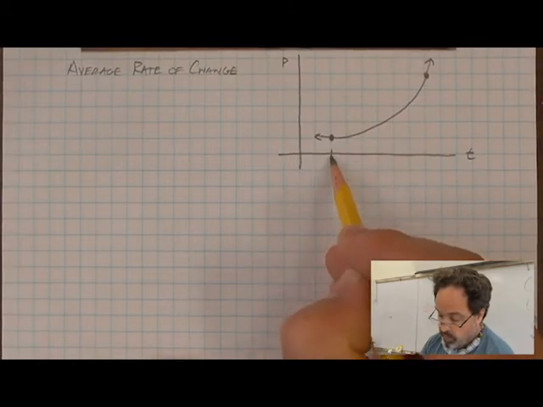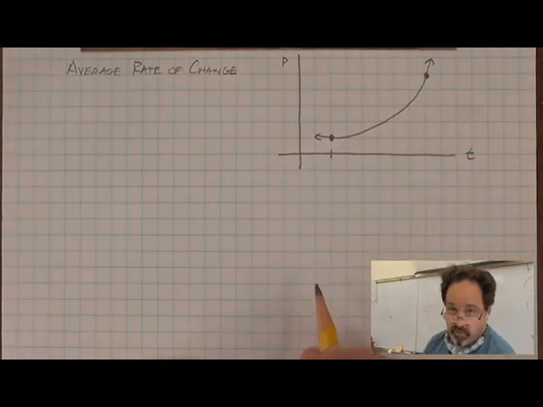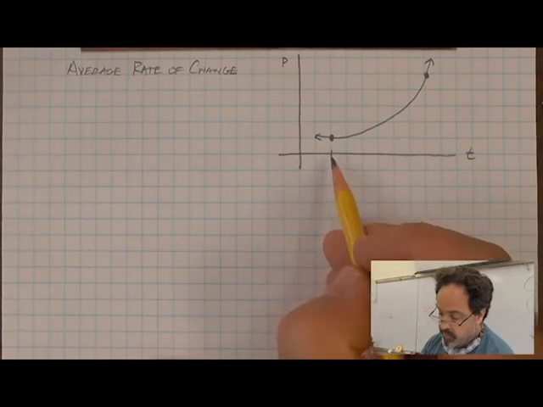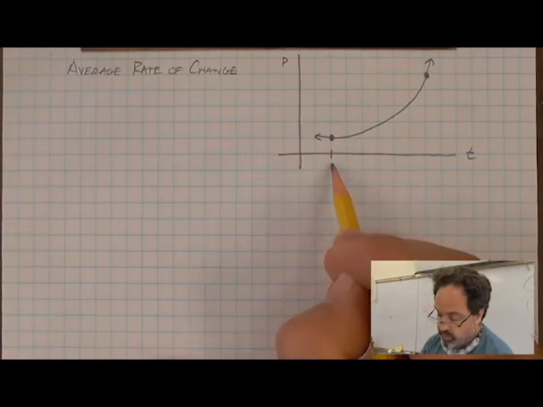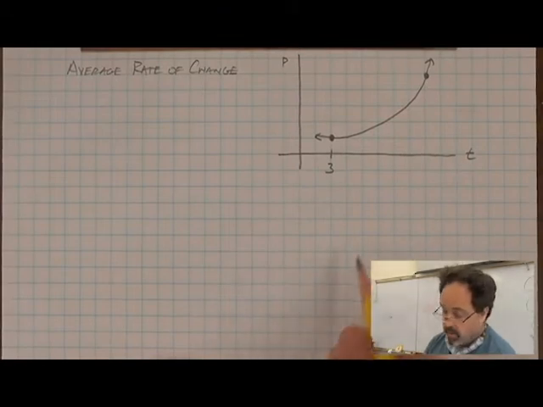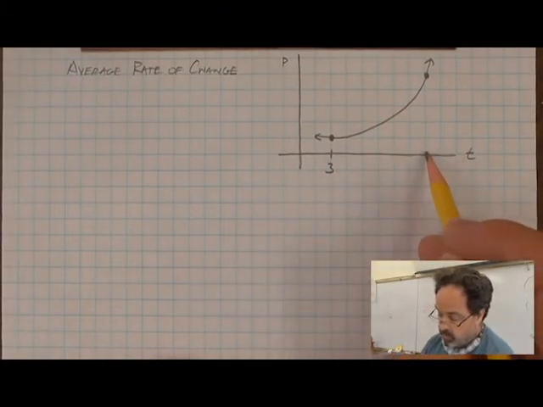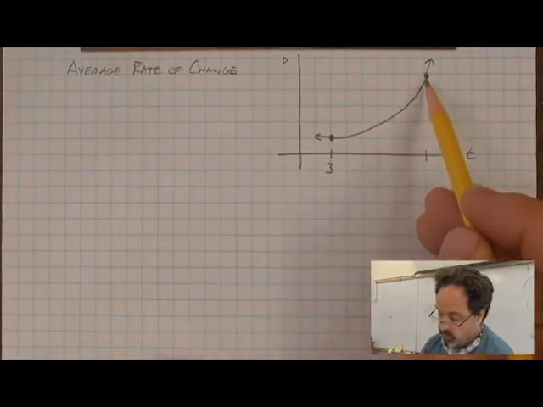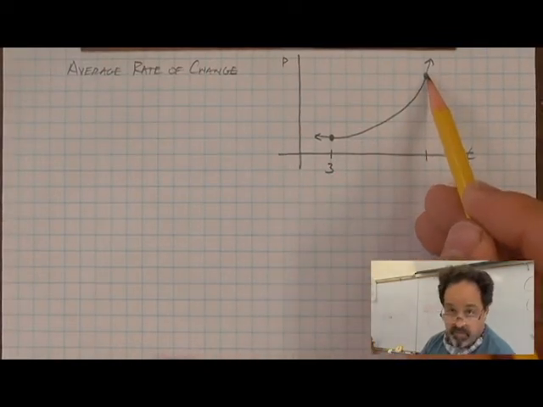Let's put a little more detail into our graph. I'm going to imagine that the position at this point started at time 3. And if time went on, then I could put a tick mark at the time at which the position was represented by this dot.